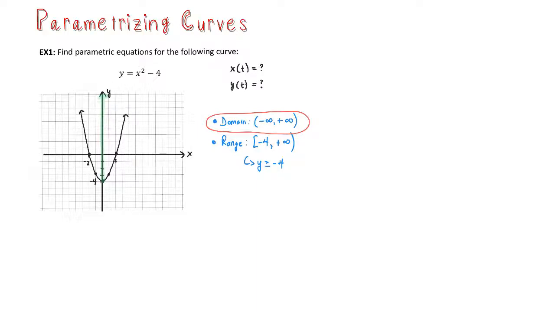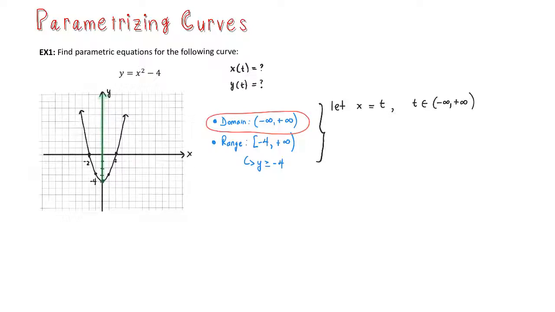So my expression for x should also give me all real numbers for x. The simplest way to parameterize this function, and you're going to even laugh, you're going to say, but that is so straightforward. And honestly, that's how it can be sometimes. The simplest way will be to let x simply equal t, where t can be any real number. This is the simplest way to do that.